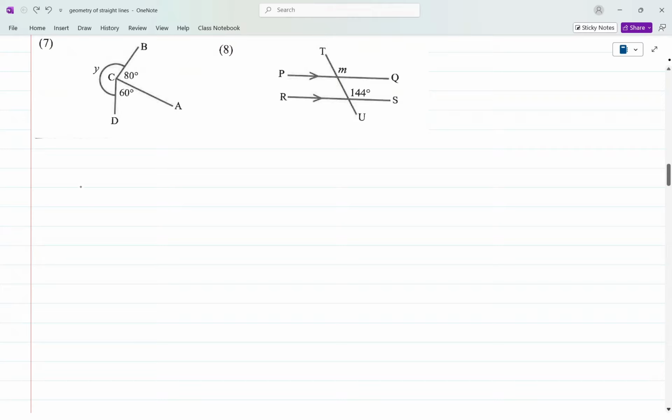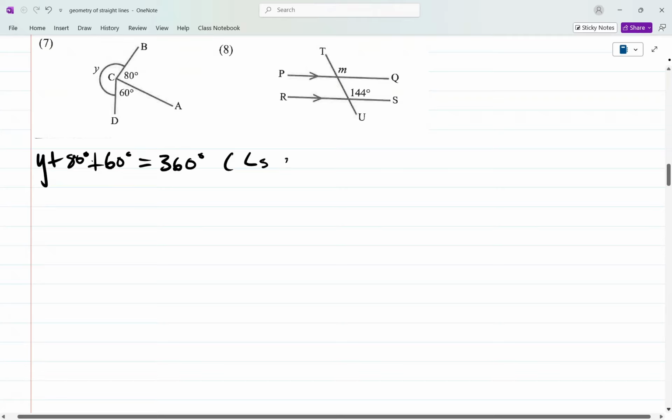So starting with y, we are going to say y plus 80 degrees plus 60 degrees, and then you'll have 360 on the right hand side. The reason for that will be angles around the point. If you may remember from one of the notations we had previously, if you have more than two angles formed around the same point, angle number 1, number 2, and number 3, the addition of those three angles will always be 360.